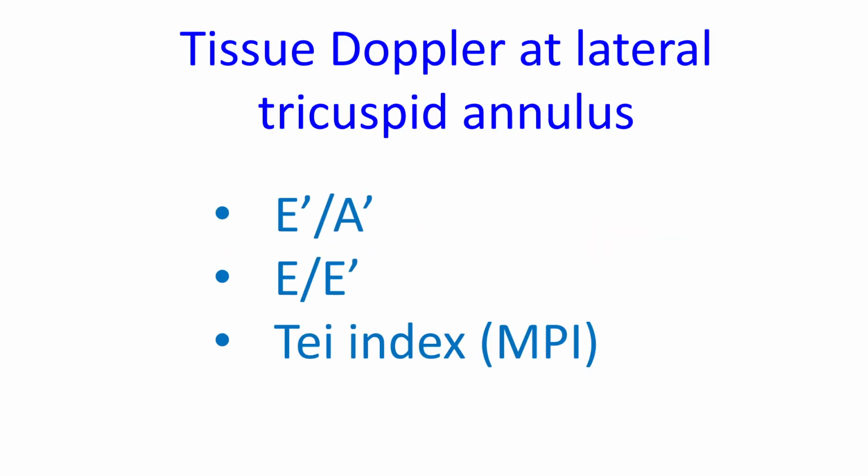As in the case of the mitral valve, assessment of tricuspid inflow velocities is a simple way to assess right ventricular diastolic function. E/A ratio and deceleration time of the E wave can be recorded using a pulsed Doppler cursor at the tip of the tricuspid valve leaflets.